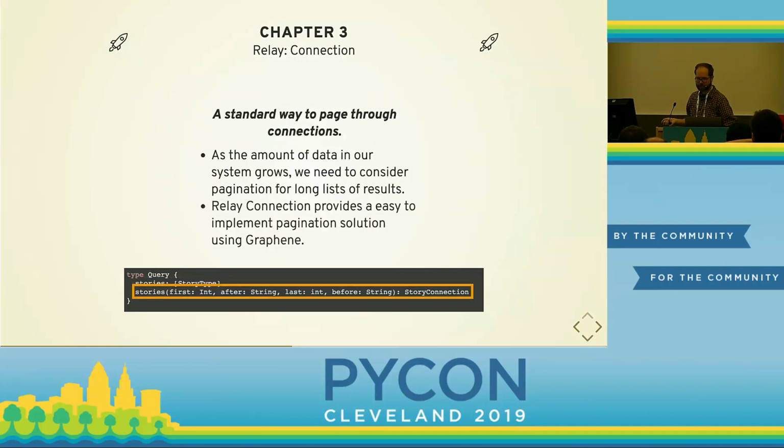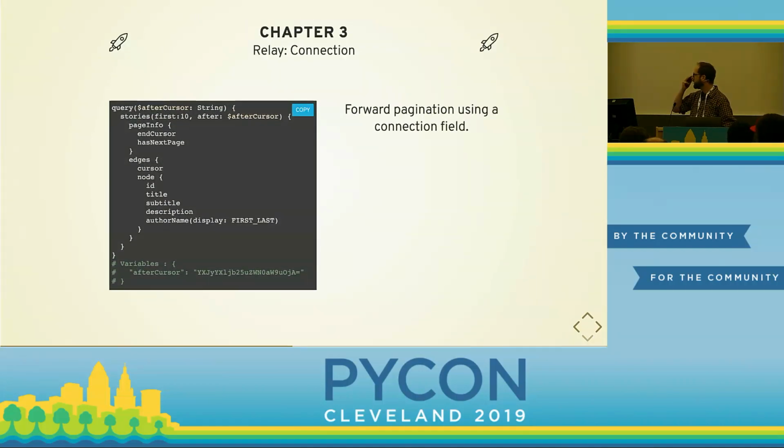So relay connection provides a pretty easy to implement solution for pagination using Graphene. So what does that look like in practice? This is an example of a query for doing pagination forward through a list of results using the cursor API.